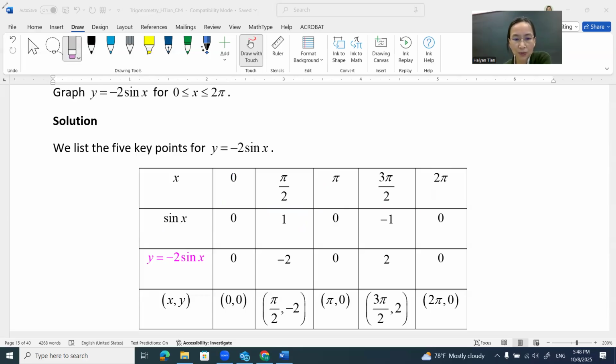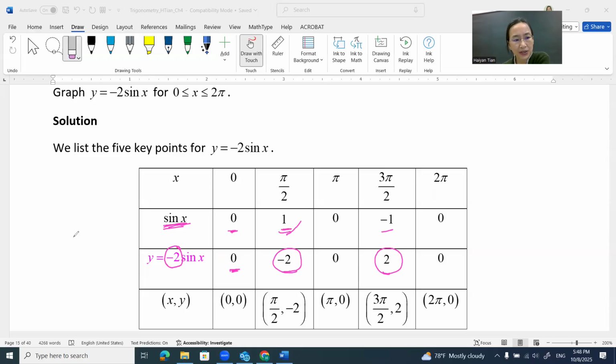When there is a coefficient times this y, it will affect the y value for each given x, and the y will be multiplied by -2. So positive becomes negative, and negative becomes positive.